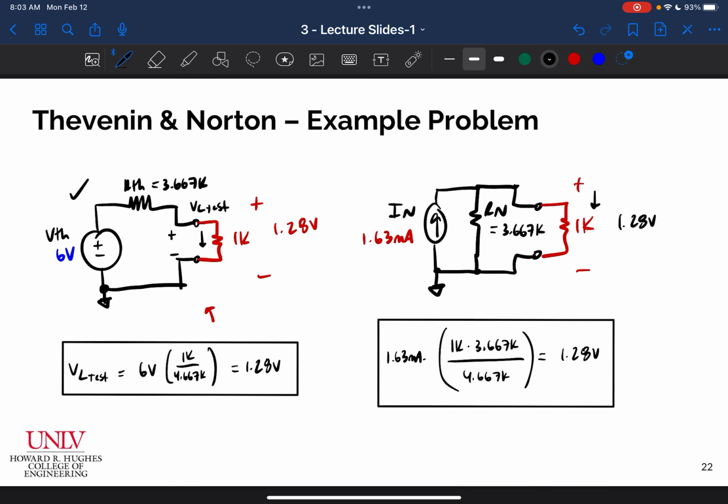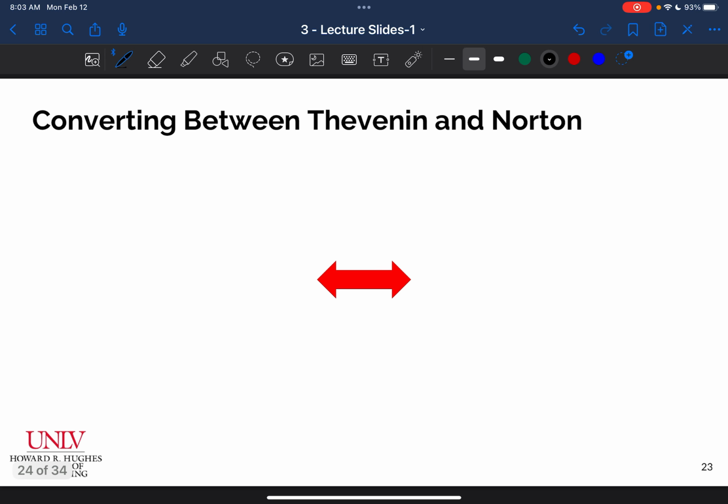And now what I'm going to basically show you is a way that you can go through and determine the Thevenin or the Norton equivalent circuit from the other of the two. So if I have the Thevenin equivalent here, let's put Thevenin on this side, and then we'll put Norton on this side.